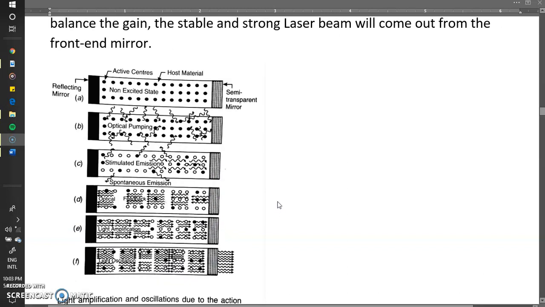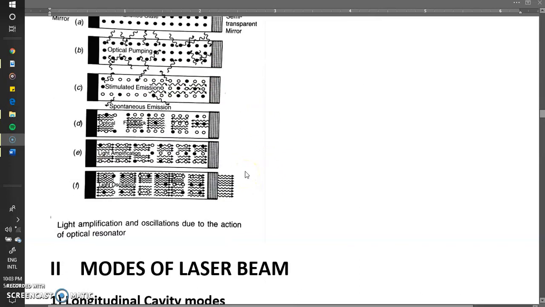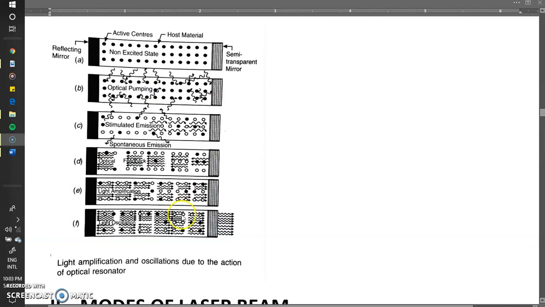So let us see these 5 steps in this diagram. This is the diagram which shows light amplification and oscillations due to the action of the optical resonator. You can see here, this is the optical resonator.